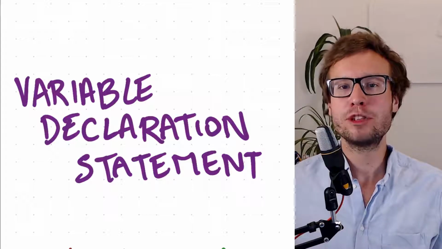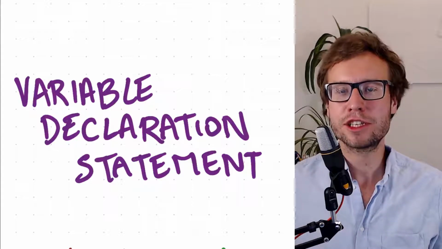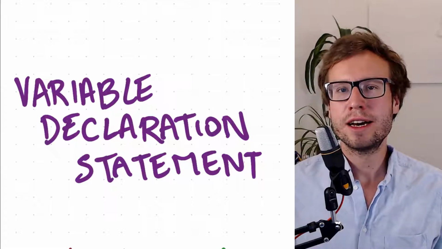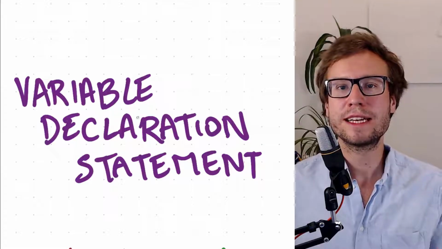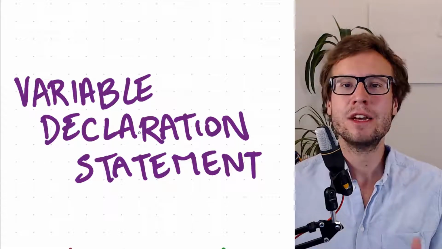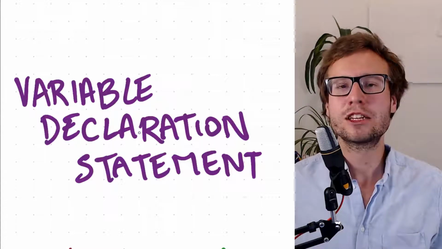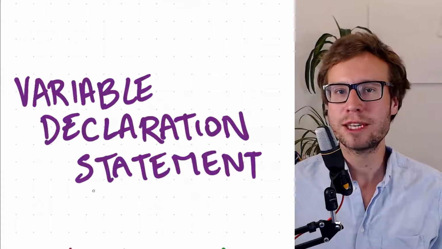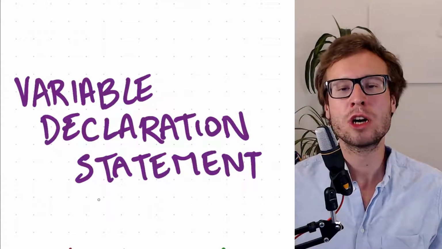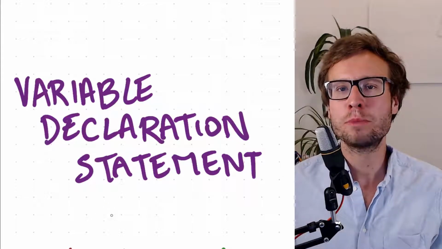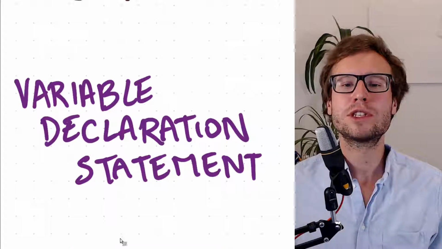Expressions evaluate to a value when they are executed, but statements are more like a way to tell the computer something, to tell it to perform some action. Really, when we're declaring a variable, we're telling the computer, hey, we're going to start using this variable, and this is what it's going to be called, and possibly this is the initial value that we want to put into that variable from the start.